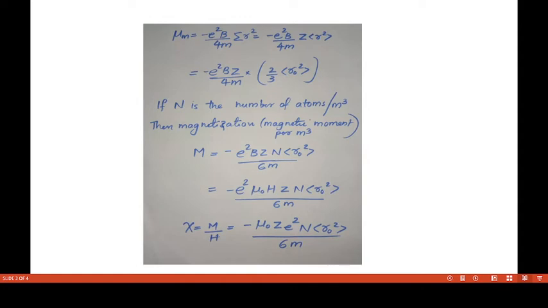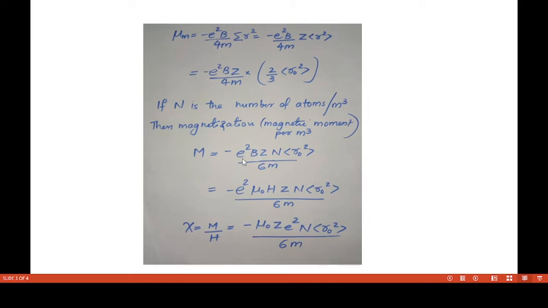Magnetization is the magnetic moment per meter cube. How many magnetic moments are there per meter cube? That is magnetization. So, if N is the number of atoms per meter cube, we just have to multiply capital N to the magnetic moment to get the magnetization.